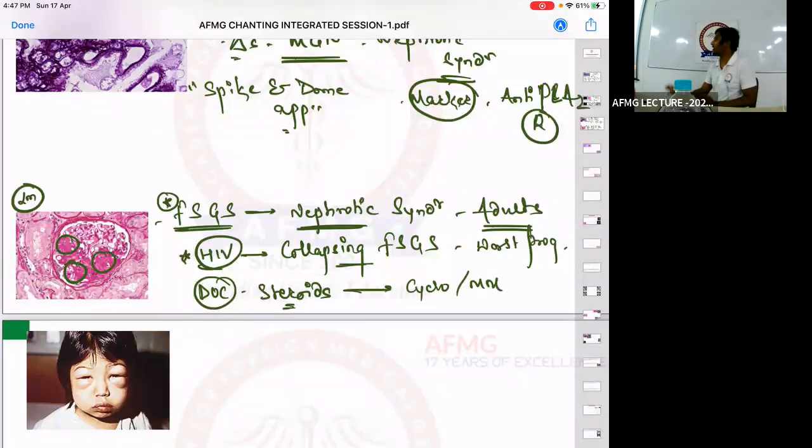An important side effect of cyclophosphamide is hemorrhagic cystitis, and the drug to prevent hemorrhagic cystitis is mesna. Important.